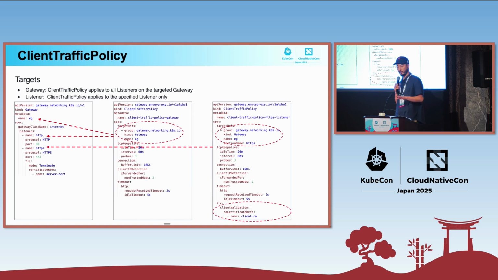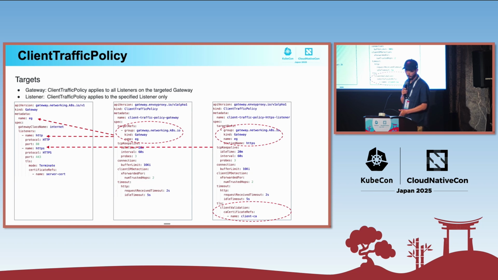You can attach a ClientTrafficPolicy on either the gateway level or on the listener level, which means on the gateway level, all the listeners on that gateway will get the policy. On the listener level, only the targeted listener gets the policy. For example, on the right side, we have a gateway called EG, which defines two listeners, one HTTP, one HTTPS.